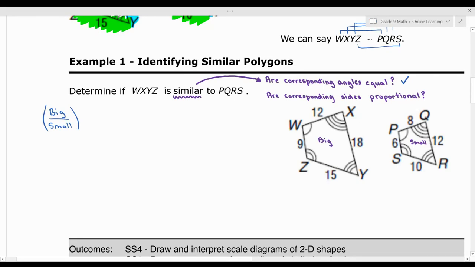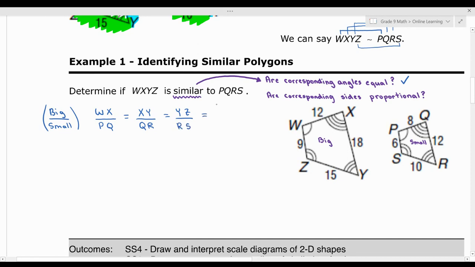Then I'm going to be comparing side length WX, which above we said corresponds to side length PQ. We'll fill in the numbers after. Then we'll look at side length XY, corresponding to side length QR. Then side length YZ, corresponding to side length RS.